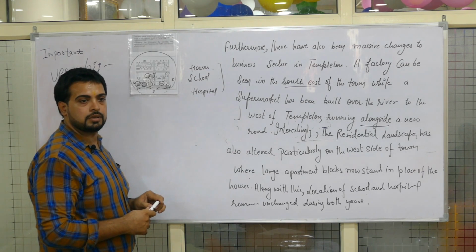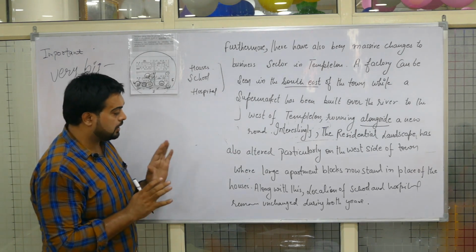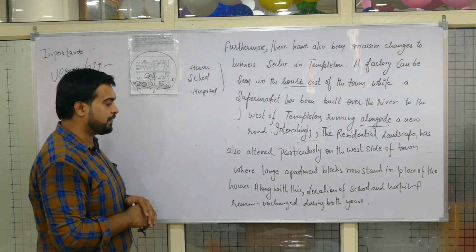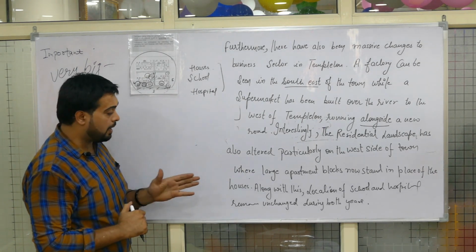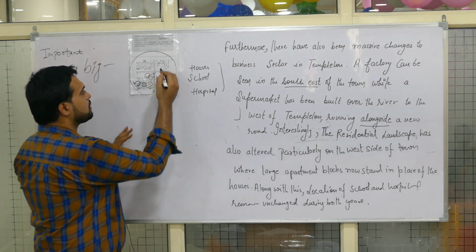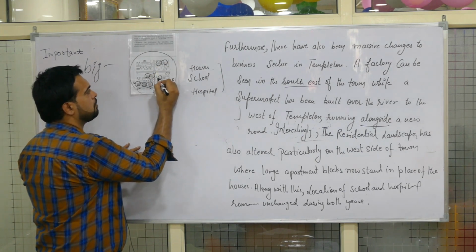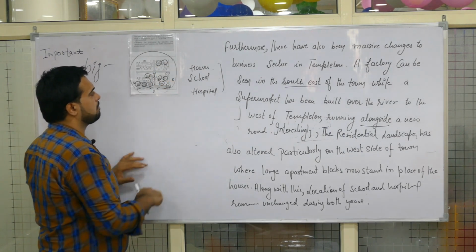So this is what we need to write about the entire diagram for a band 9. Along with this, the location of school and hospitals, you can see the school exists there and the hospital in both, it's the same.